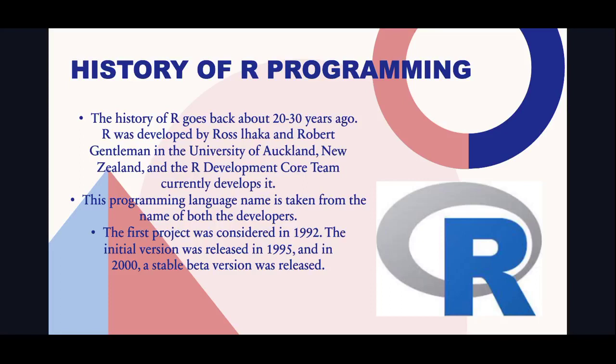This programming language's name is taken from the names of both the developers, Ross Ihaka and Robert Gentleman. The first project was considered in 1992. The initial version was released in 1995 and in 2000 a stable beta version was also released. As you can see in the slide, this is the R programming language logo.